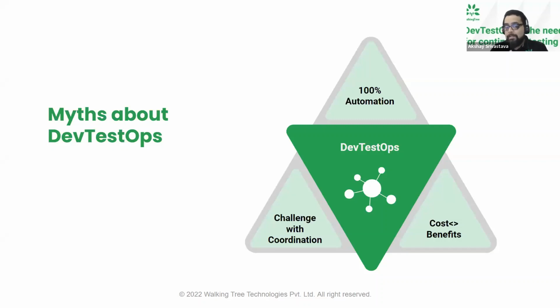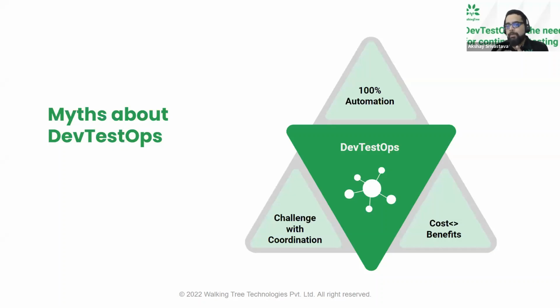We all know that 100% automation of any application is nearly impossible. And still many of the test scripts are executed manually. But the very idea that in order to implement continuous testing, we will have to have 100% automation is leading to a refrain in organizations from adopting DevTestOps.